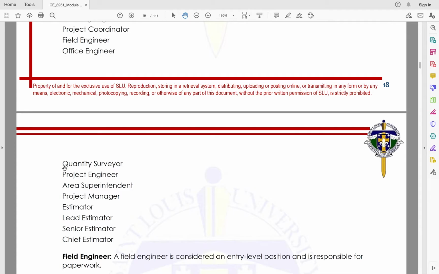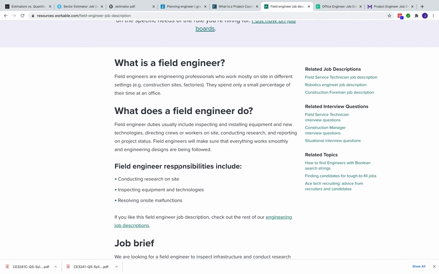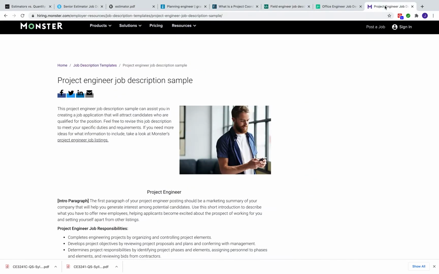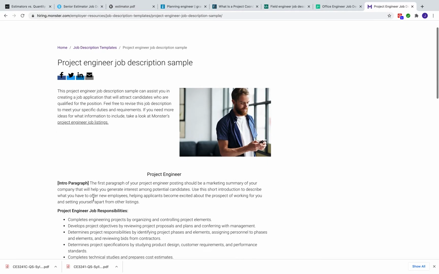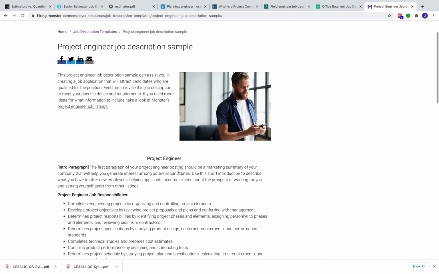Okay? Next would be a project engineer. So what is a project engineer?